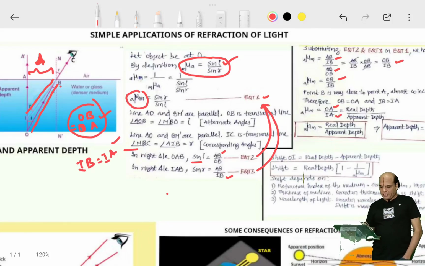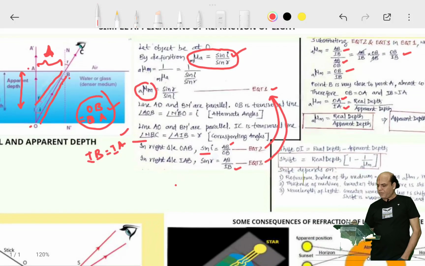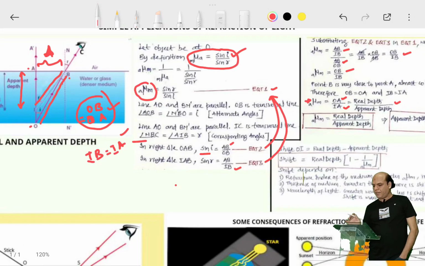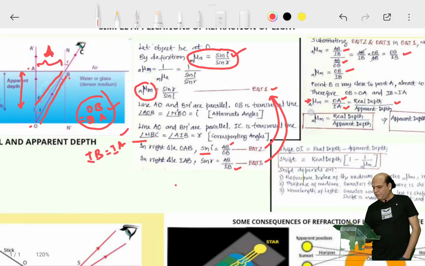So OA is nothing but the real depth, and IA is nothing but the apparent depth. So the refractive index of the second medium is obtained as the ratio of real depth to apparent depth. So we need to remember this relationship.